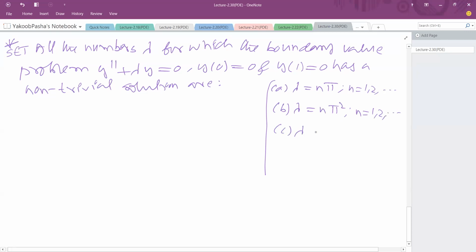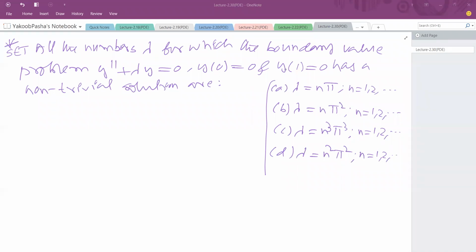Option C, lambda is equal to n cube pi cube, n is equal to 1, 2 and so on. And option D, lambda is equal to n square pi square, n is equal to 1, 2 and so on. These are the options we have.